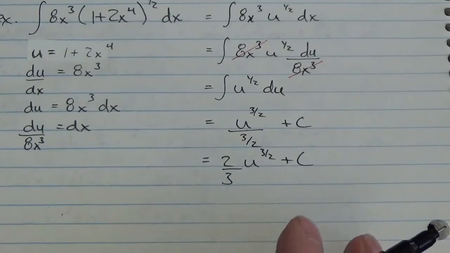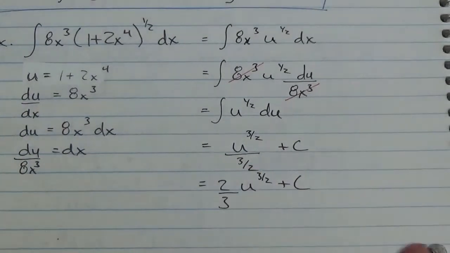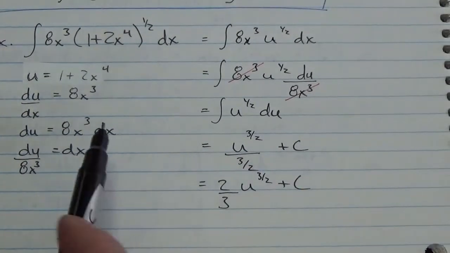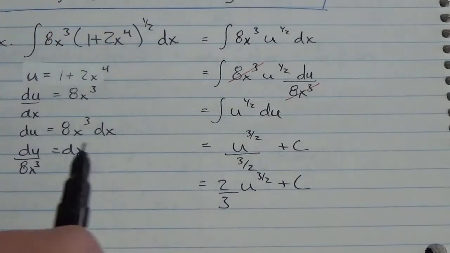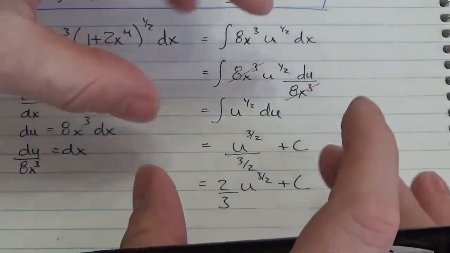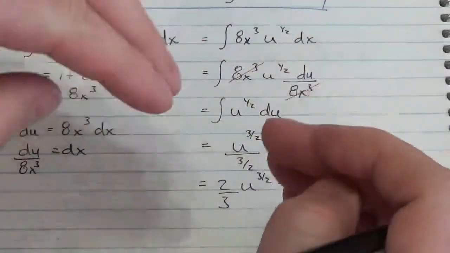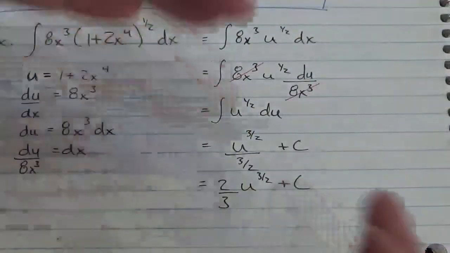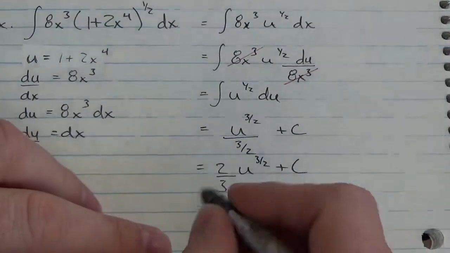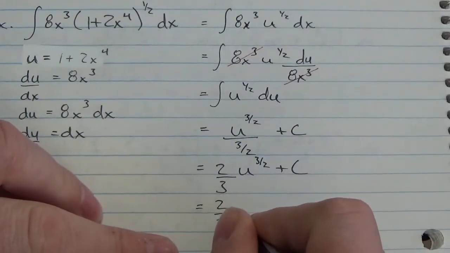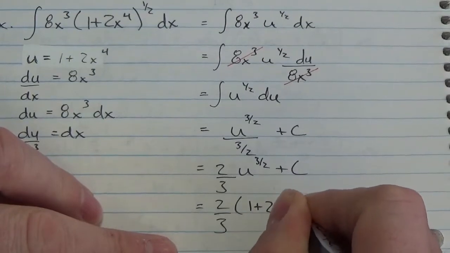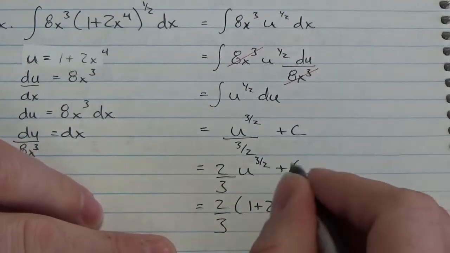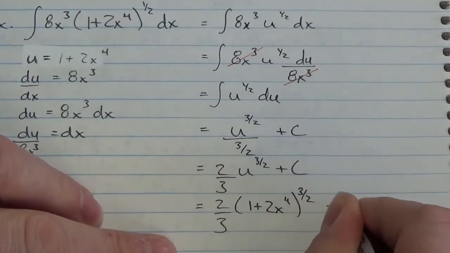You might even think of this, if you want a chemistry way of thinking about it, as my u being like a catalyst. I inject it into my little experiment here. It allows a reaction to happen, but it doesn't become part of it. So I'm going to pull that out, and you get 1 plus 2x to the 4th, to the 3/2, plus c.